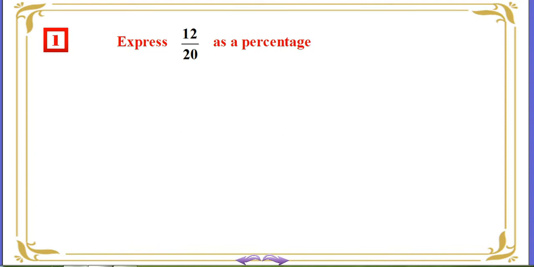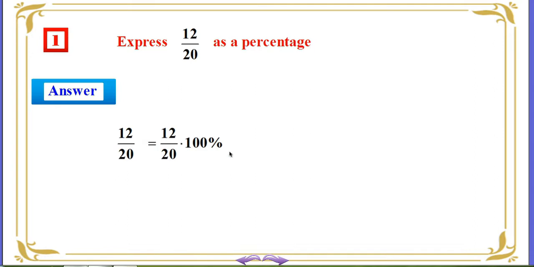Exercise 1. Express 12 over 20 as a percentage. How do we solve this exercise? So the answer is 12 over 20 equal, you multiply this fraction with 1, and 1 is 100%.